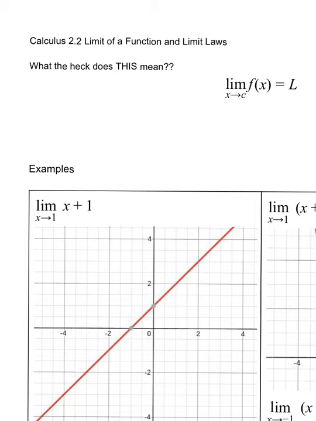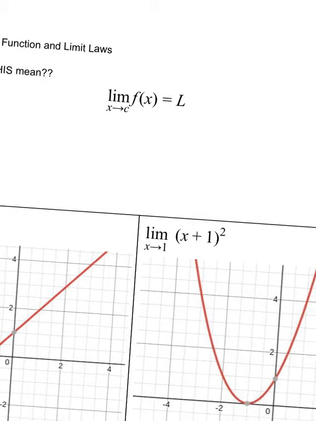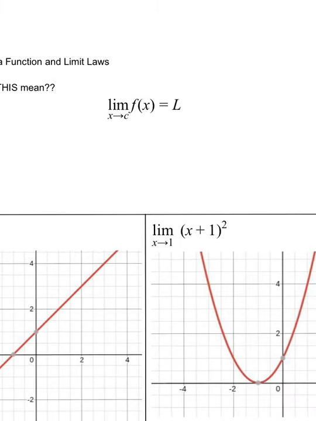So what does this symbol mean, limit? Basically, it is a symbol that looks like this. We're asking, what is the limit as x approaches c of f of x? Is the function f of x approaching some y value L as x approaches c?